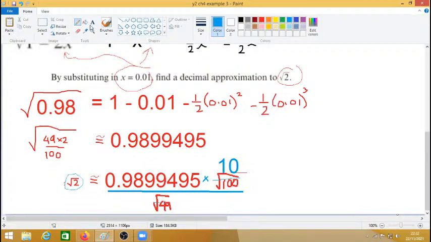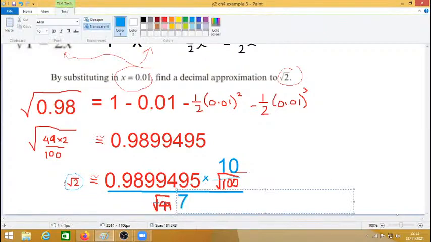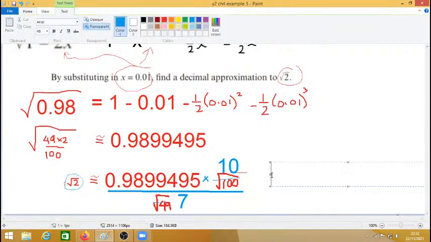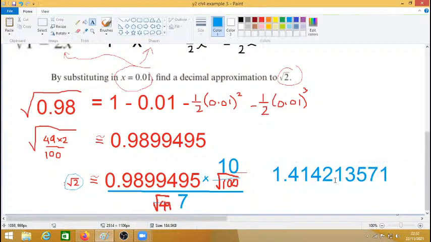So that's what you type into your calculator, nice and easy: 0.9899495 times 10 divided by 7, and that will give you 1.414213571, and that is your decimal approximation to the square root of 2.